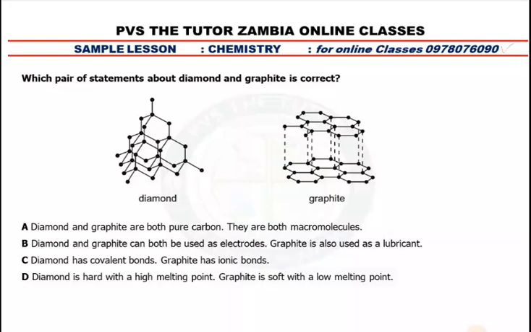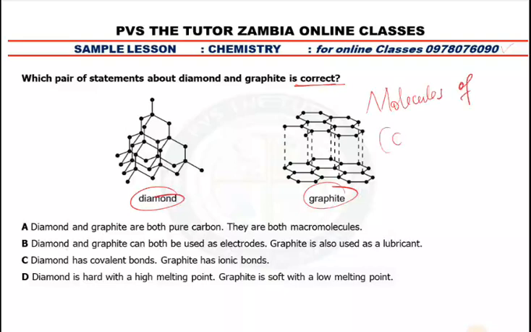So on our left hand side we have diamond, and on the right hand side we've got graphite. So it says which pair is correct. So we are finding a pair here which is correct about graphite and diamond. Now, what do we know about graphite and diamond? We know that these two are molecules of what?